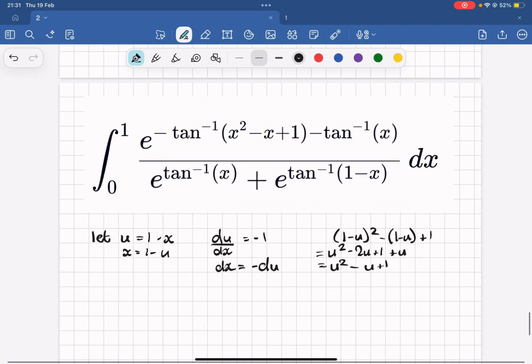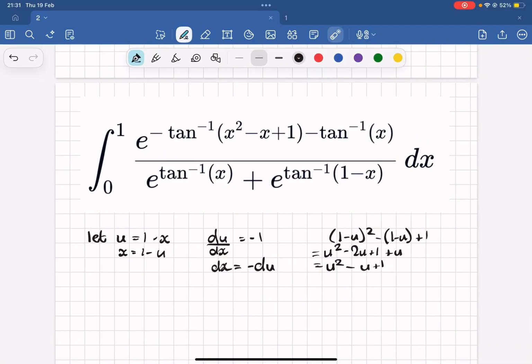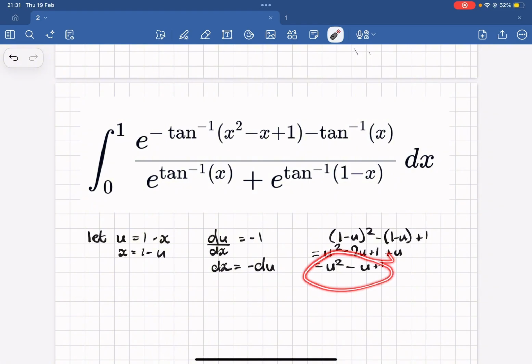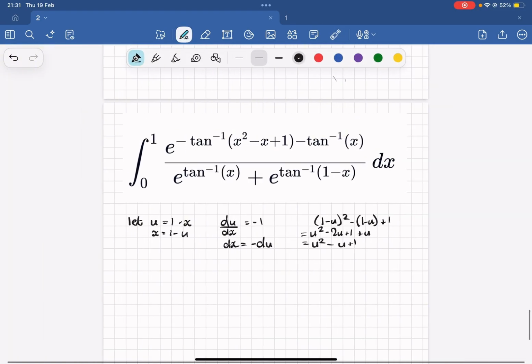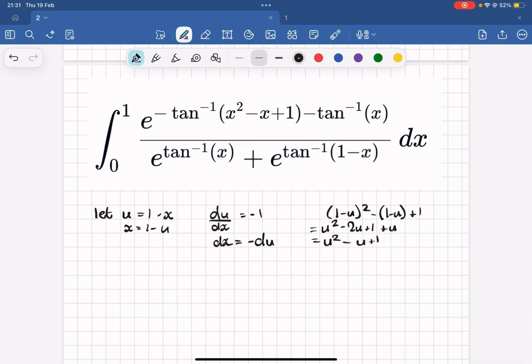And the fun thing with that is that we've just got essentially what we had before, in terms of u rather than x. So I think that would be interesting and somewhat useful.